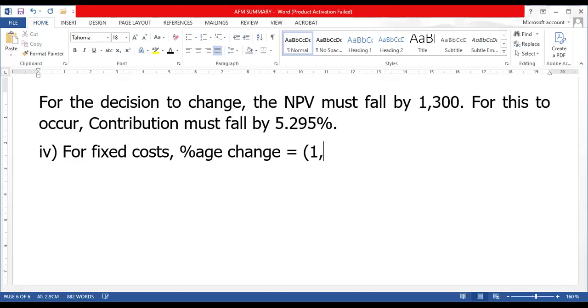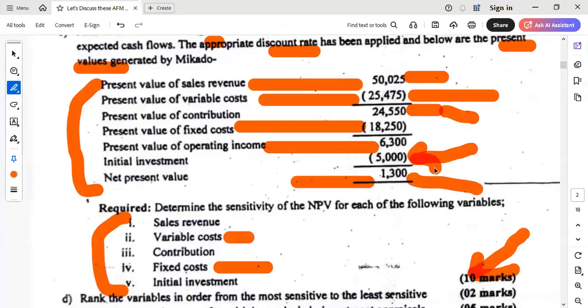NPV, which is 1,300, over the present value of fixed costs. What is the present value of fixed costs? Do we have fixed costs? 18,225.